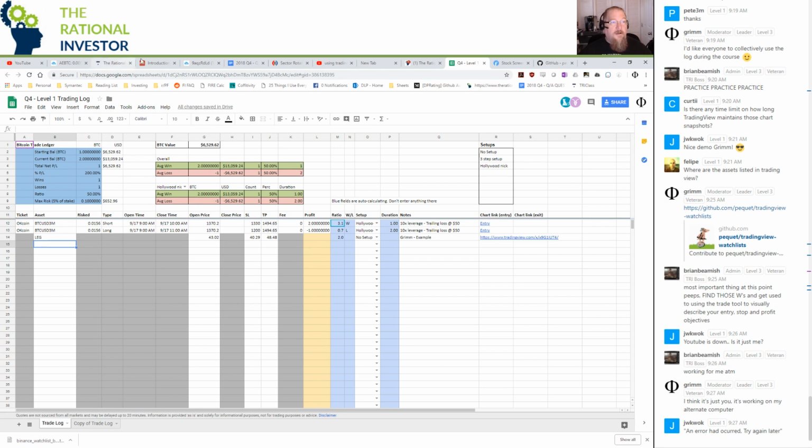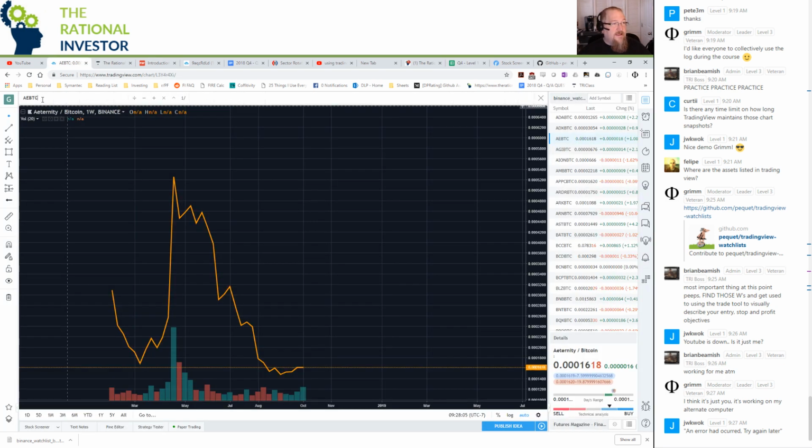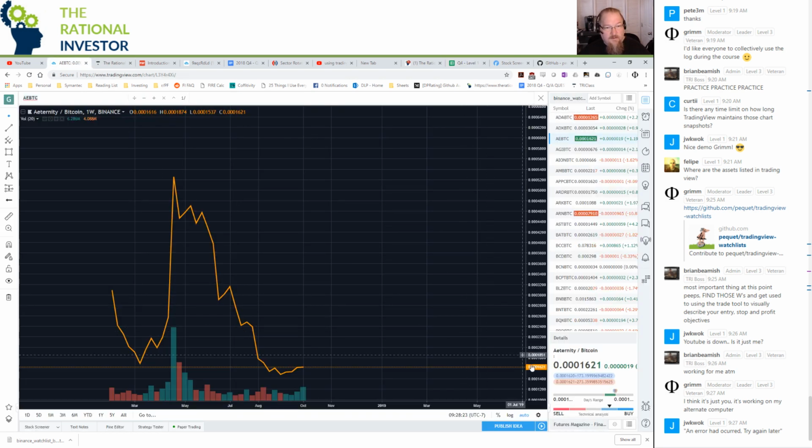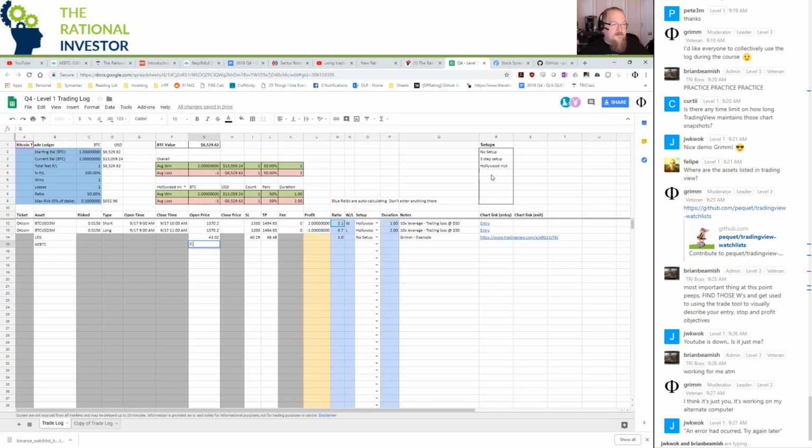So if this were this one, I literally just come up here, copy this with Control C, come into here, double click on the cell, Control V, and then I put the price in. The price is going to look way different in crypto, but that's fine. Current price is 1620, so I'd go 0.0001620.